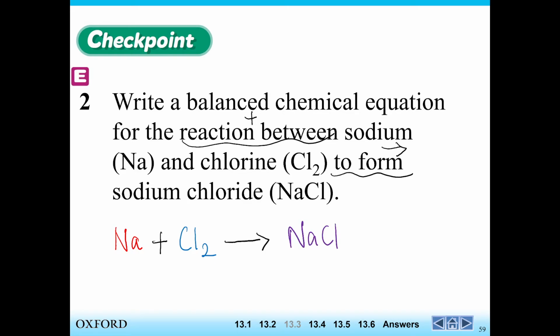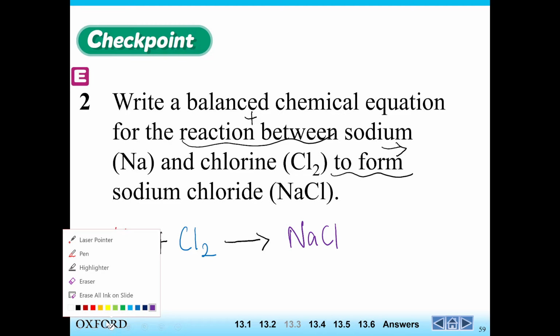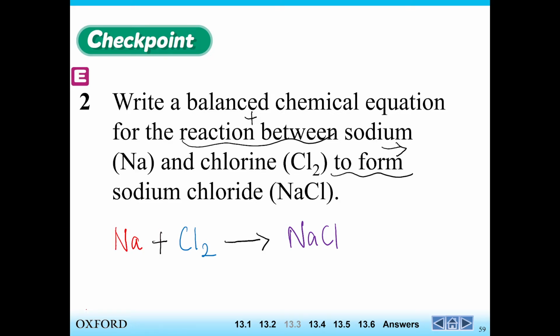So now our first job is to see whether the atoms on the left, that means the reactant side, match the right-hand side, which is the product side. First up, sodium: how many sodium atoms are there? Is there any 2 here? No. That means it's just by itself, so there's just one sodium atom. How many chlorine atoms are there?